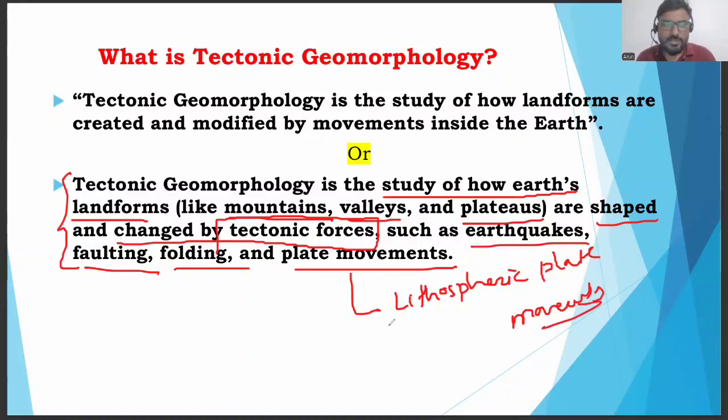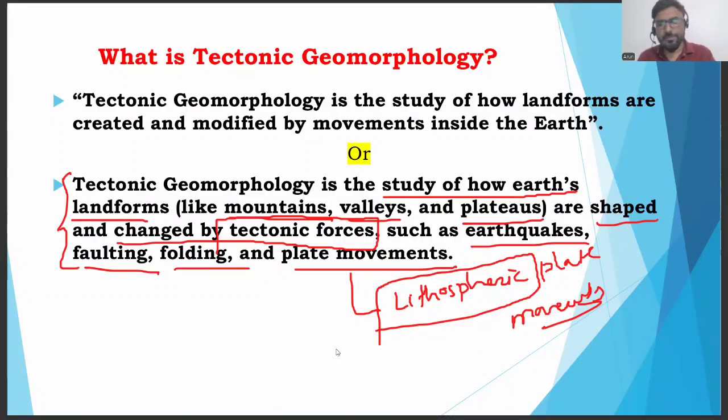We'll be discussing the concepts of lithospheric plate movement when we discuss the concept of plate tectonics, so don't worry about that. We will be covering all the syllabus, all the concepts in detail.